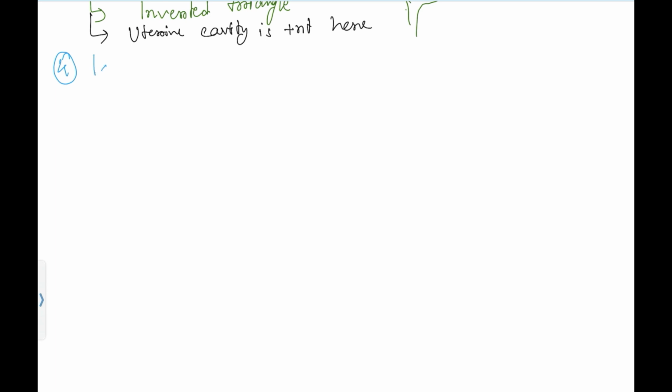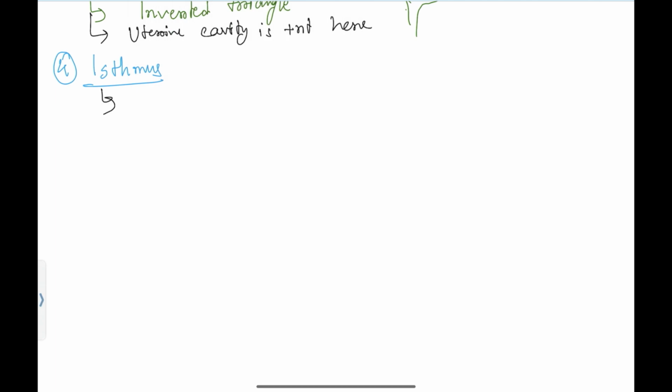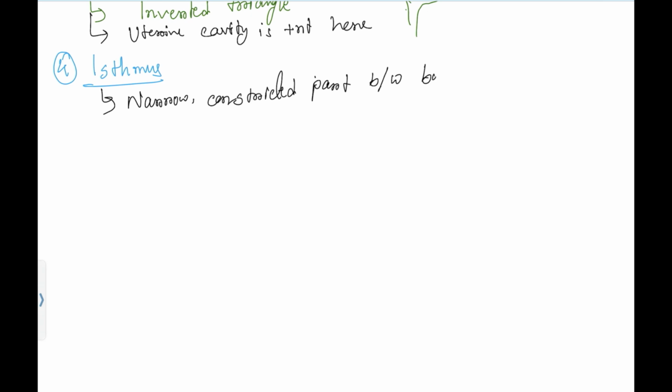Now coming to the fourth portion, your isthmus. From here you need to remember only that this is the narrow or constricted part between the body of the uterus and the cervix.